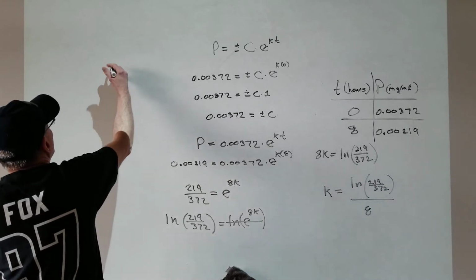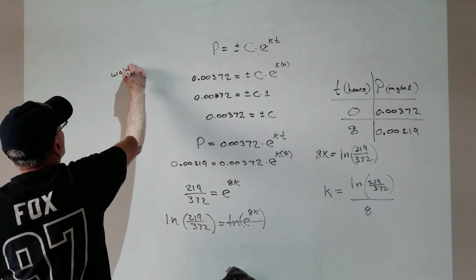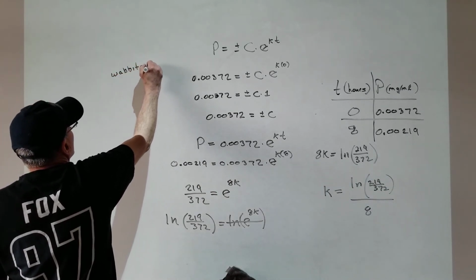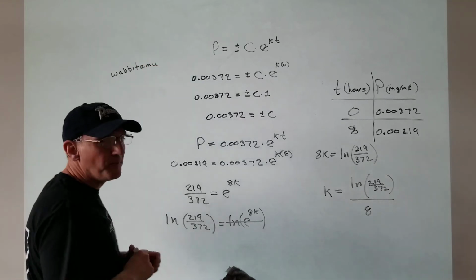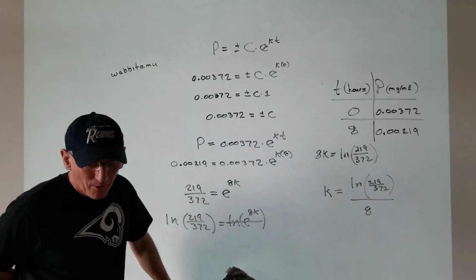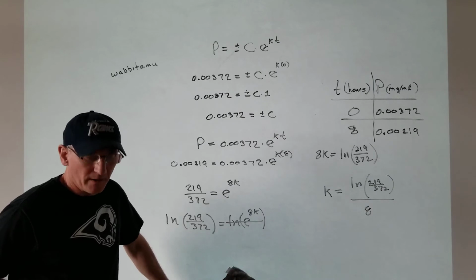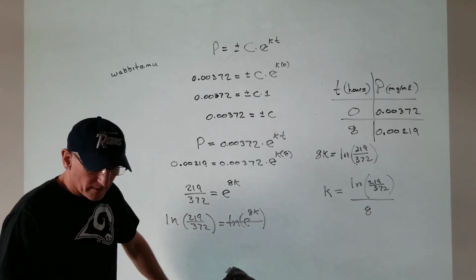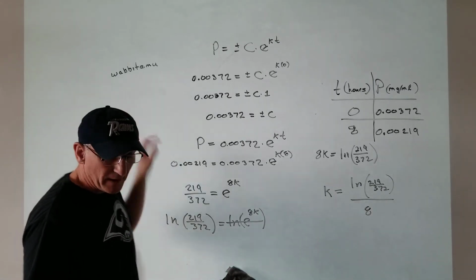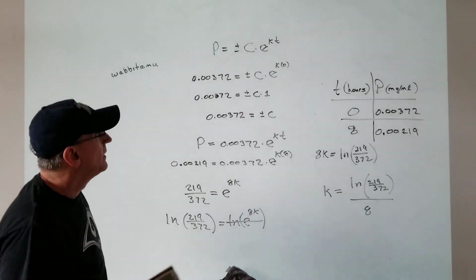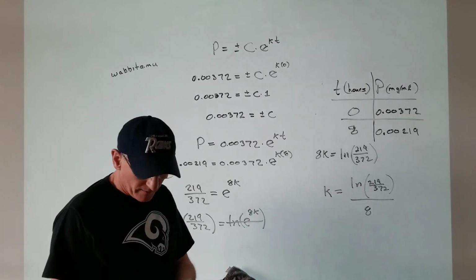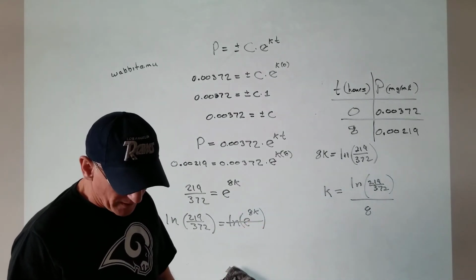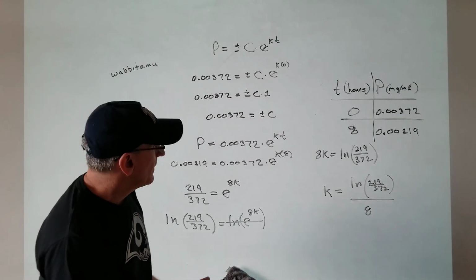It's called WabbitEmu. This app will set up a duplicate of this calculator on your phone for free. I run it. I love it. You can program it. You can graph with it. You can do everything. So let's compute this now.